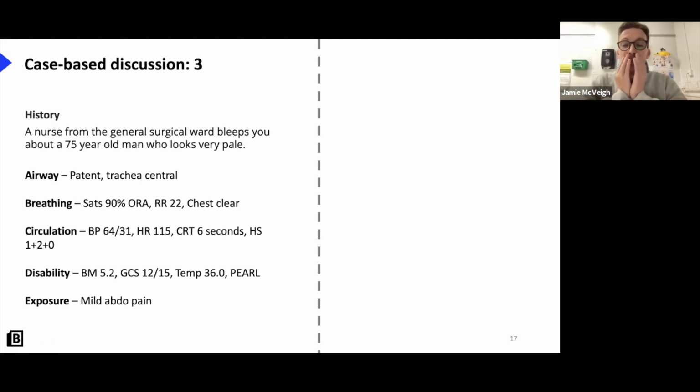Fine. So at this point, we need to think about the cause, but we need to think about, more importantly, how we're going to treat it. And the mantra that people have is replace blood with blood. Okay, so if he's bleeding, he needs blood. So he might not have a cross match, he might not have anything ready, he probably won't.